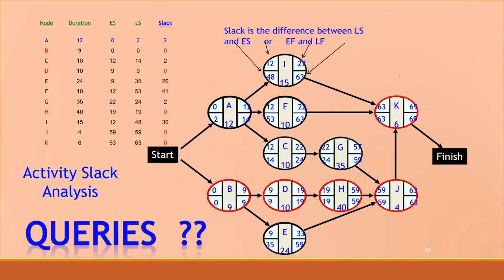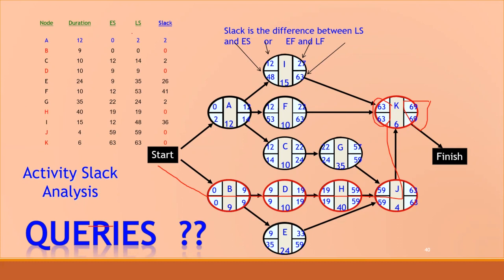Okay, and just see, we already know the critical path. This is the critical path, isn't it? We just check the difference between latest finish and earliest finish, or latest start and earliest start. It will be 0.